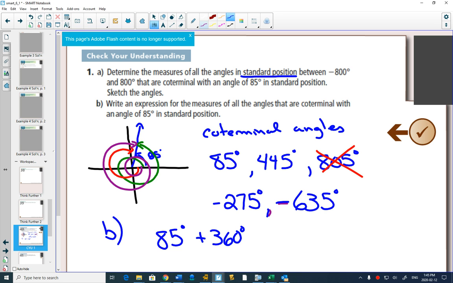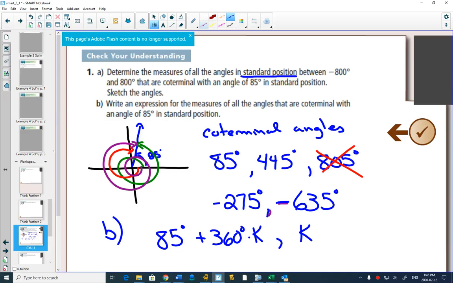And they show that by saying 85 degrees plus 360 times, and they introduce a variable. They really like k in this situation. 360 times k, and then they define that k can't just be anything, right? You can't have k to be a half, because then you're only adding 180.